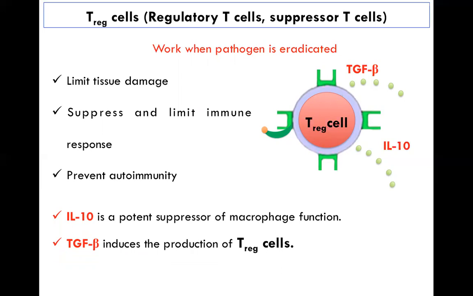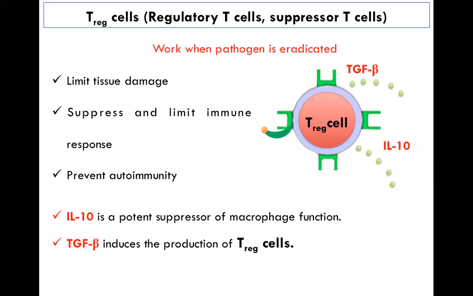What we have learned so far is that when the pathogen is eradicated, T regulatory cells communicate with other cells of the immune system and help them to stop their effector function. So that's what we have understood about T regulatory cells. Once formed, T regulatory cells secrete IL-10 and TGF beta, which helps to inhibit inflammation and immune response.